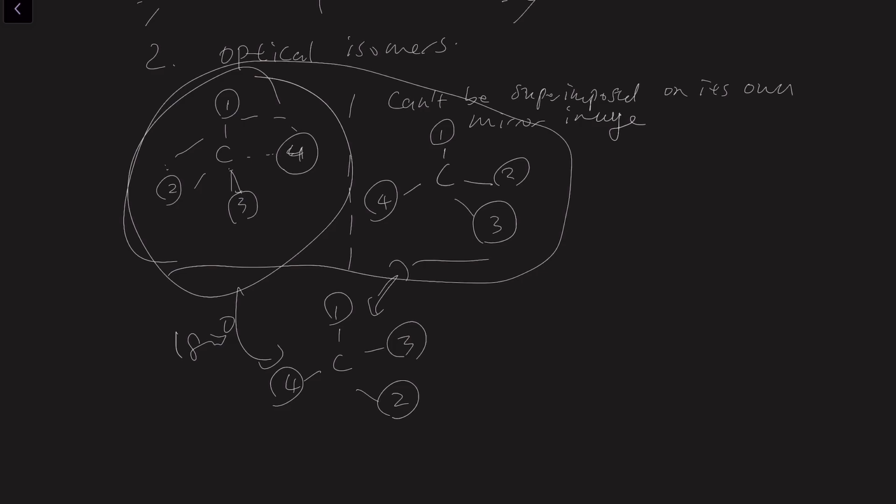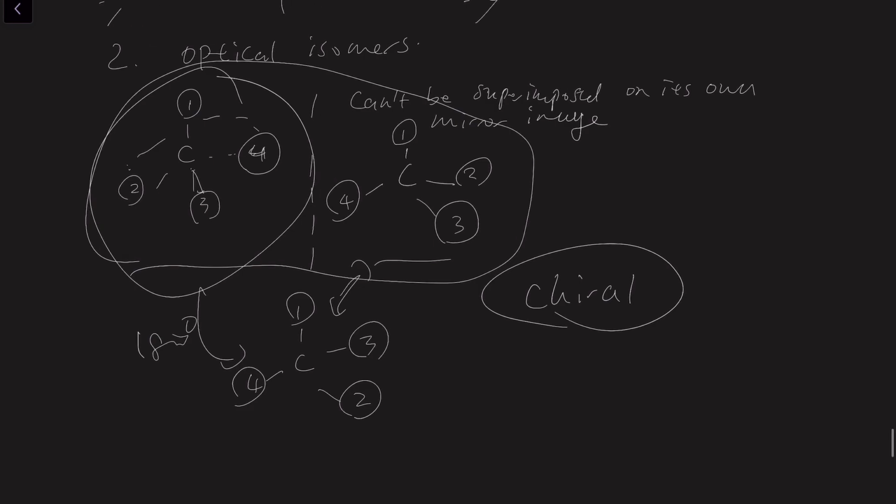So whenever you have 4 different things attached to this carbon atom, it is called chiral. So it has a left hand and a right hand. And if you look at your right hand and left hand, you cannot superimpose them onto each other. They are actually different, just mirror image of each other.